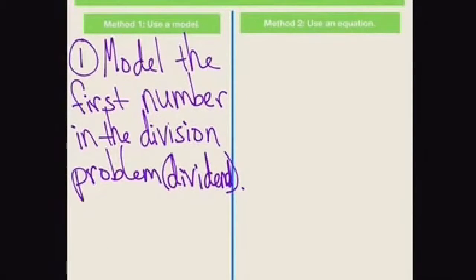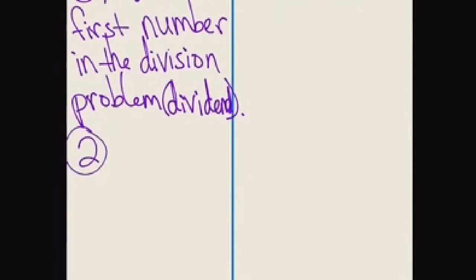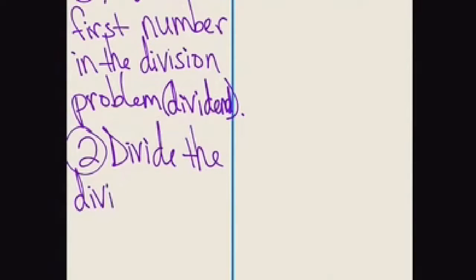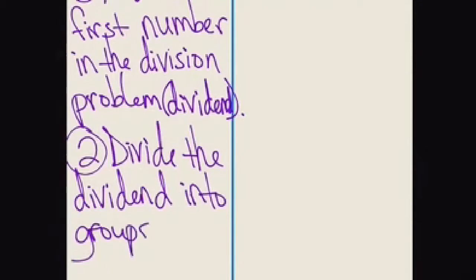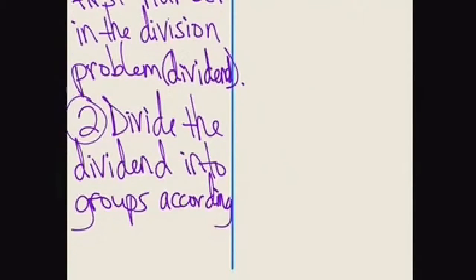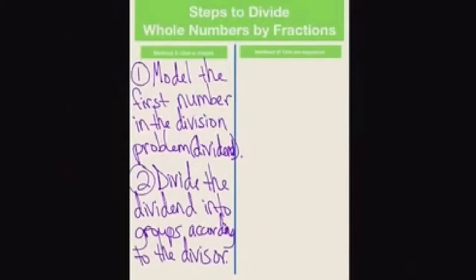After we've modeled the first number in the division problem, we then divide the dividend into groups according to the divisor. Okay, and that's the steps for using a model to divide whole numbers by fractions.